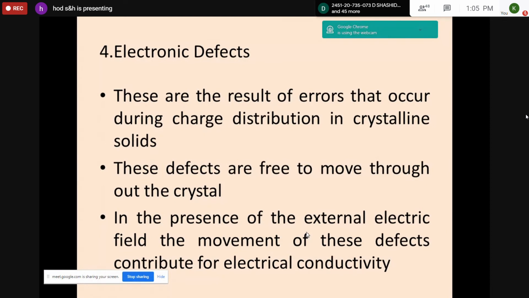Positive and negative ions will not be placed in the same vicinity. Because of that, some distortion occurs, and some extra charge carriers will be there in the given crystal. They move freely in the boundaries of the crystal, and in the presence of the external electric field, the movement of these defects contributes to the electrical conductivity of the material, and these are called electronic defects. This is the fourth category.